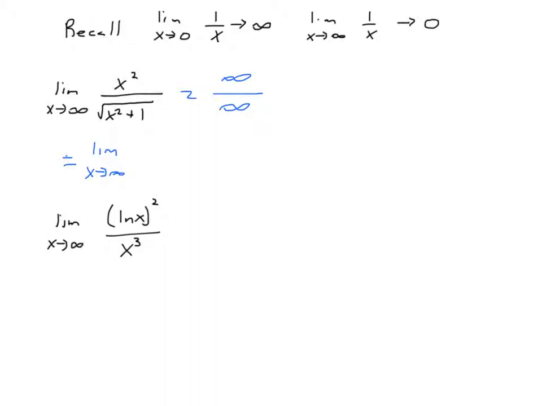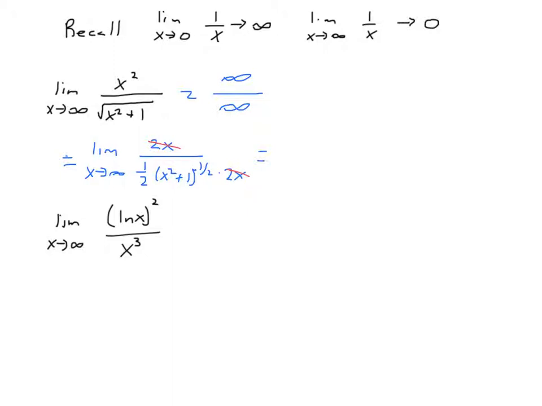The derivative of x squared is 2x over, now the bottom. Remember, the square root is to the 1/2 power. So I can think of that as 1/2 times x squared plus 1 to the negative 1/2 times the derivative of the inside function, which is 2x. Well, simplifying that, the two x's would cancel each other out.